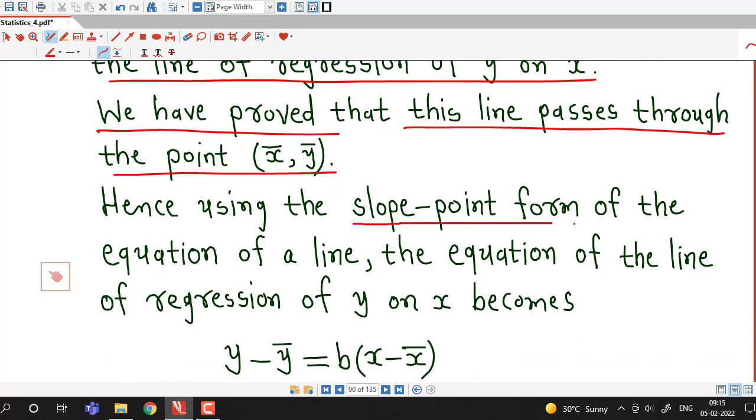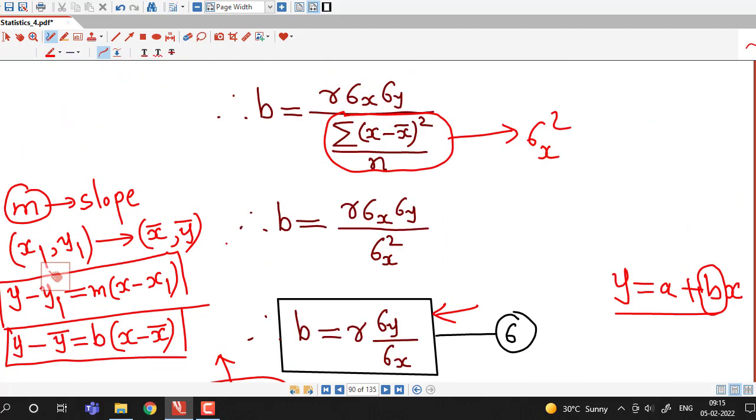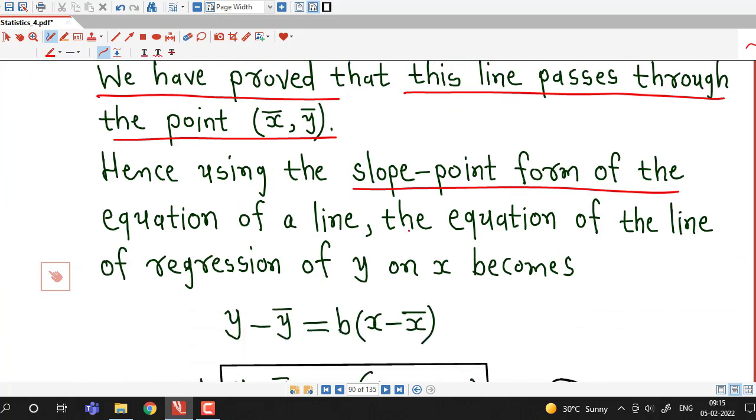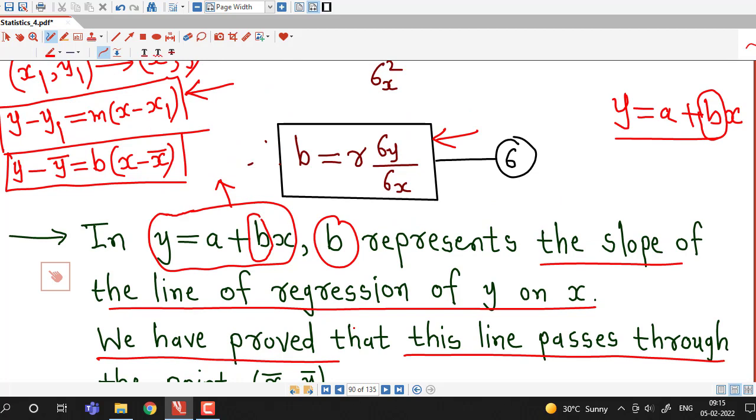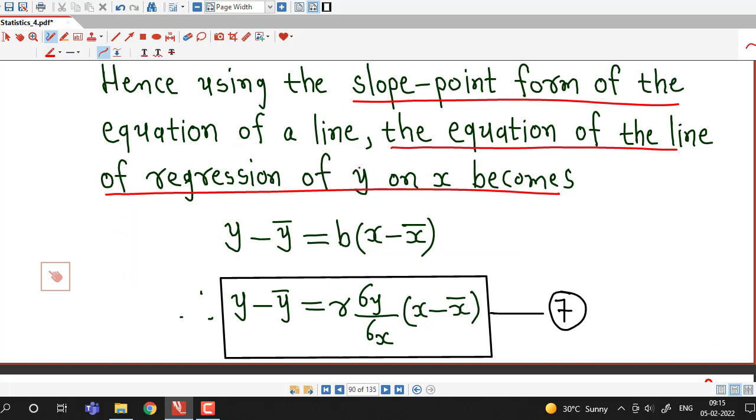Hence, using the slope point form of the equation, as this form of equation of a straight line is known, the equation of the line of regression of y on x becomes y minus y bar equal to b times x minus x bar, and we have this formula for b equal to r times sigma y by sigma x. So that we substitute here.